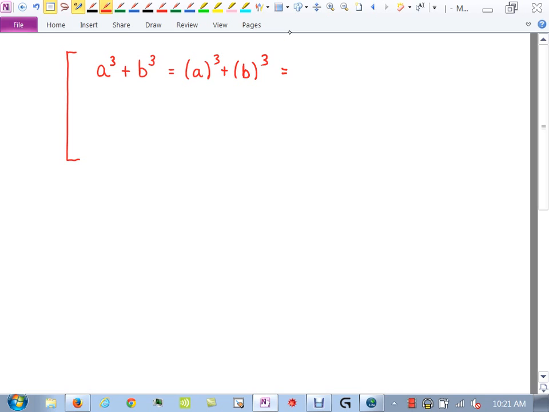I'm not real big on memorizing things, but this one is one I have memorized. I'm not going to expect you to have it memorized. You'd be able to put this on your cheat sheet. The formula is going to be 2 terms multiplied times 3 terms, so a binomial times a trinomial. You know how difference of squares turned out to be a plus b, a minus b? This we call a sum of cubes. With the sum of cubes, it is a binomial times a trinomial, and it is a plus b.